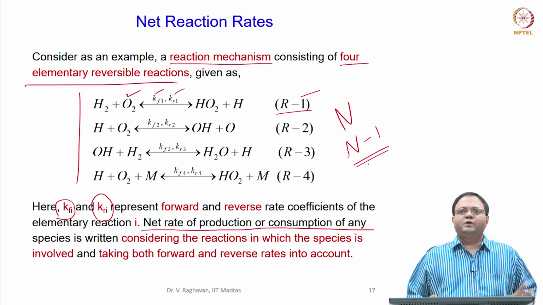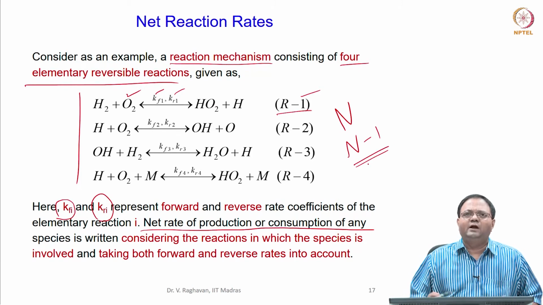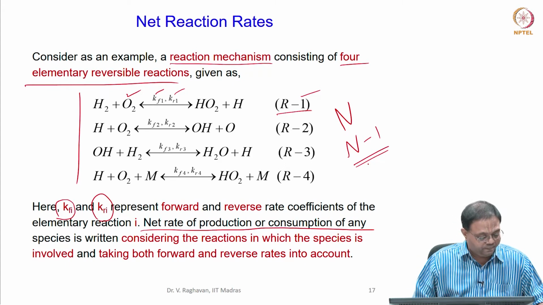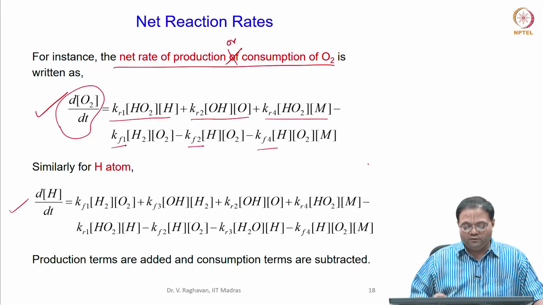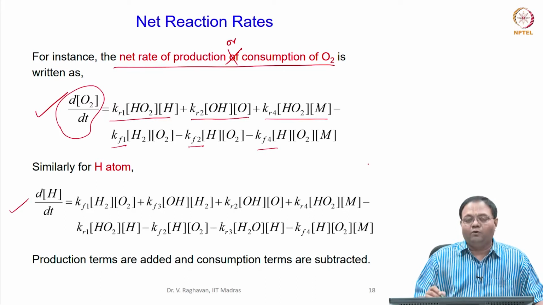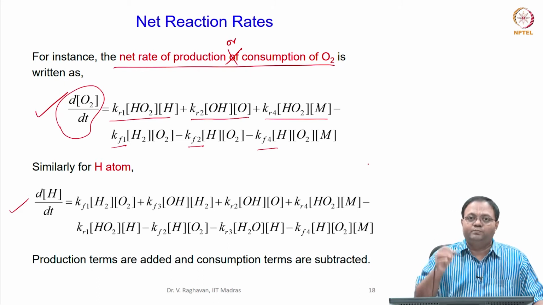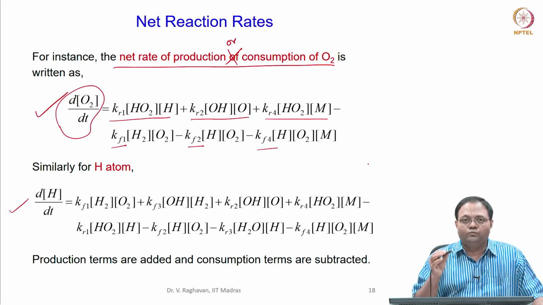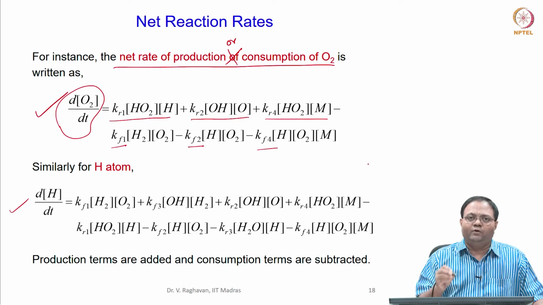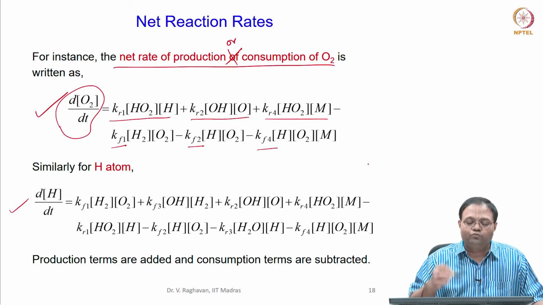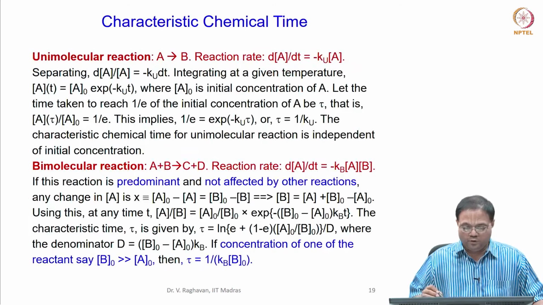One species we need not even find, because that may be an inert species and so on. So, this is what is important to find. You have to accommodate all the important reactions in which the species is participating, and suitably give a positive sign for the reaction which is producing that particular species, a negative sign for the reaction which is consuming that species, and add them.